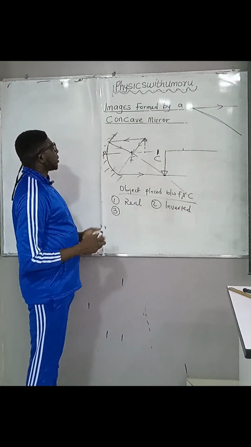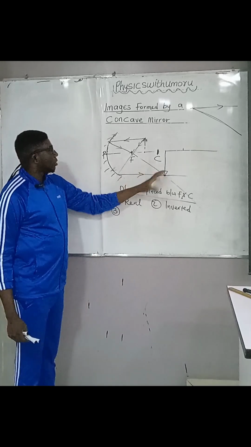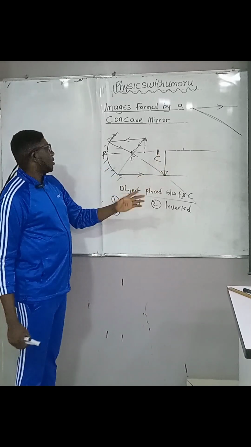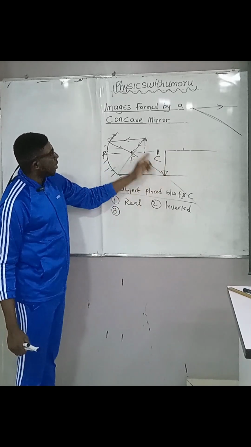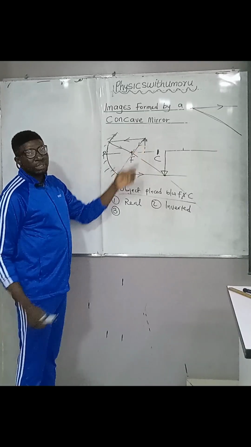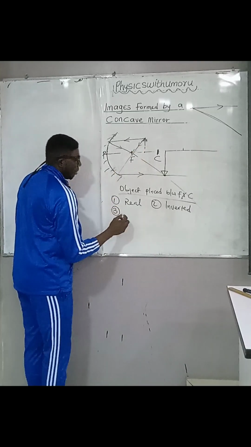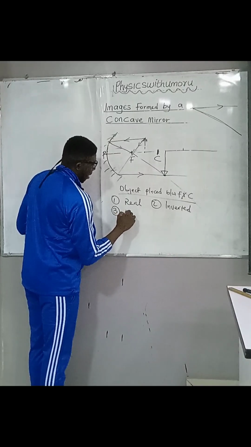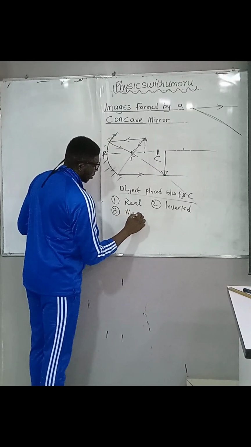Number three, what can we say about the size? You notice that the size of the image is bigger than the size of the object. So you can say that the image is magnified or enlarged.